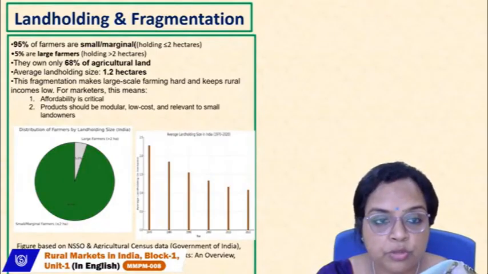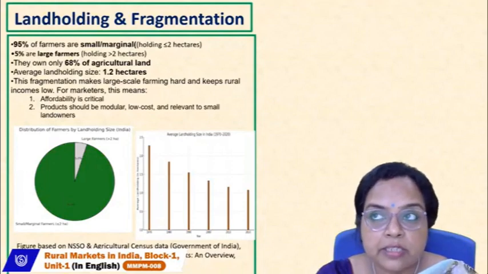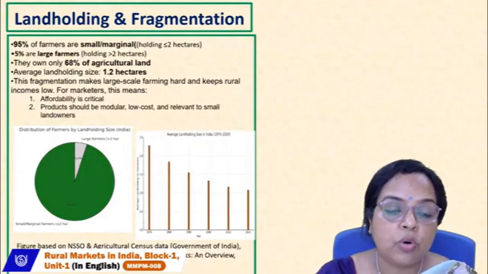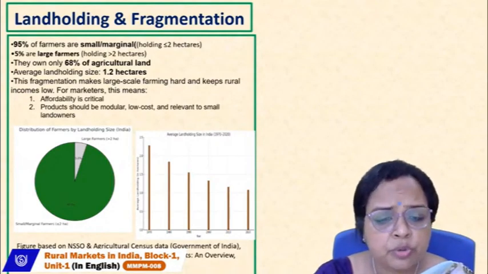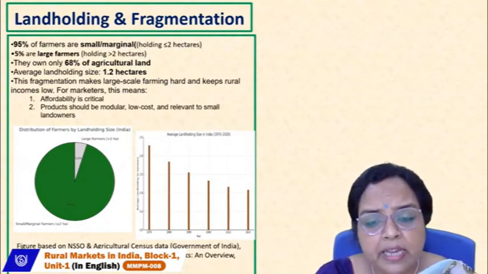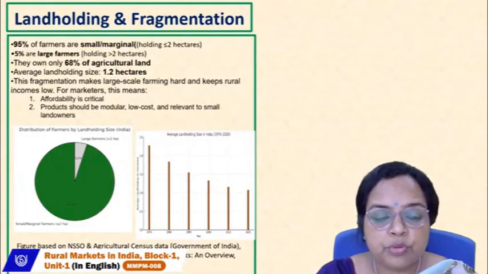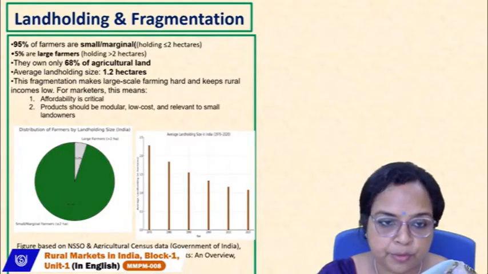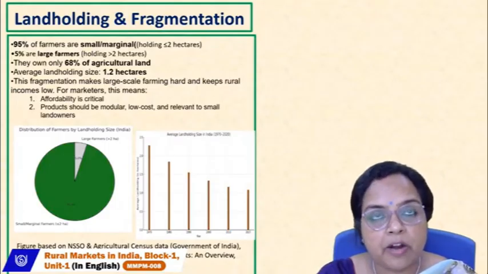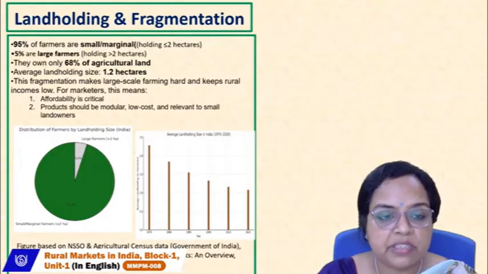But slowly towards 2020, there is a decrease in land holding size. So fragmentation has taken place. This fragmentation makes large scale farming hard and keeps rural income low. For marketers, this means what? This means they are having a low income group, and affordability for them is critical.